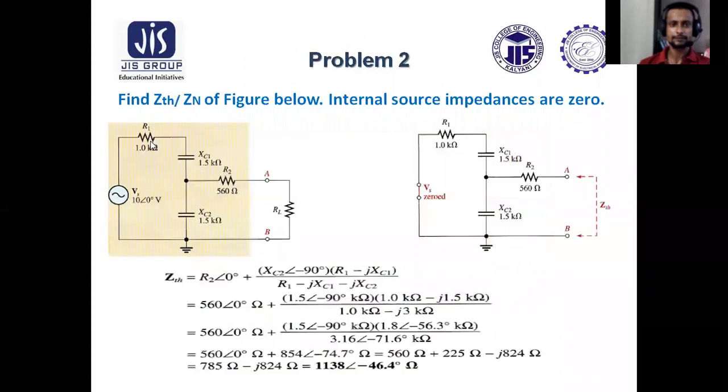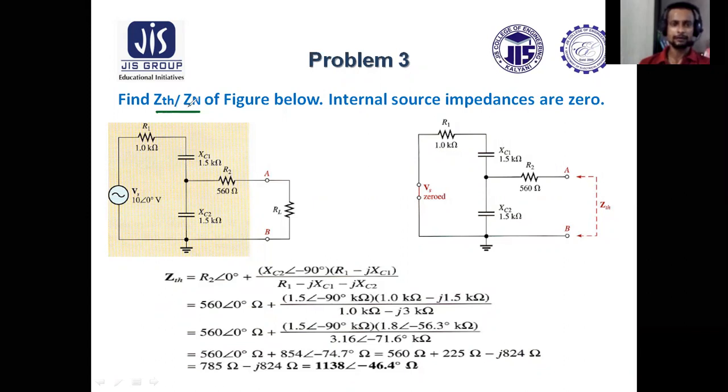Let us move to next problem. Okay, here we're asked to find ZTH or ZN. As we already discussed, determination of ZTH or ZN will be the same procedure. So in Thevenin's equivalent circuit, it is termed as ZTH; in Norton's equivalent circuit, the same will be termed as ZN.